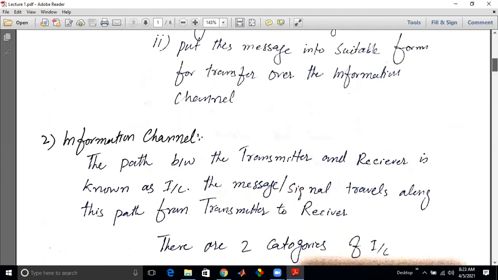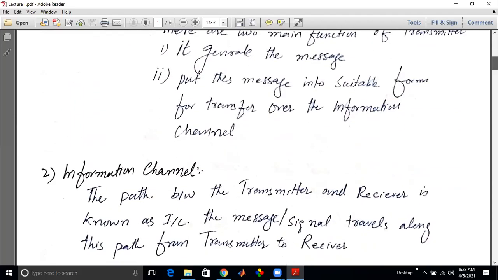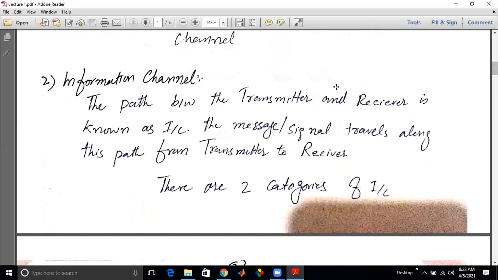And then there will be another block, which is the information channel. So what is the function of the information channel? It is the path between the transmitter and receiver and is known as the information channel.